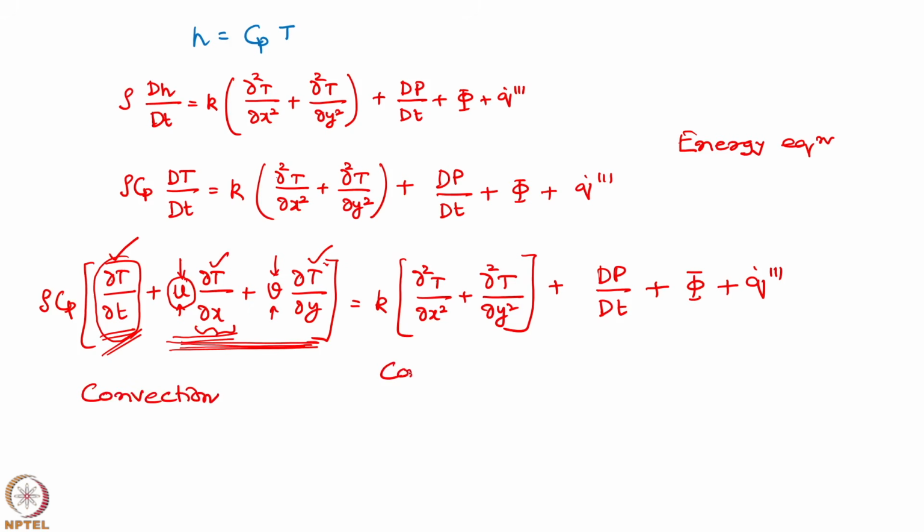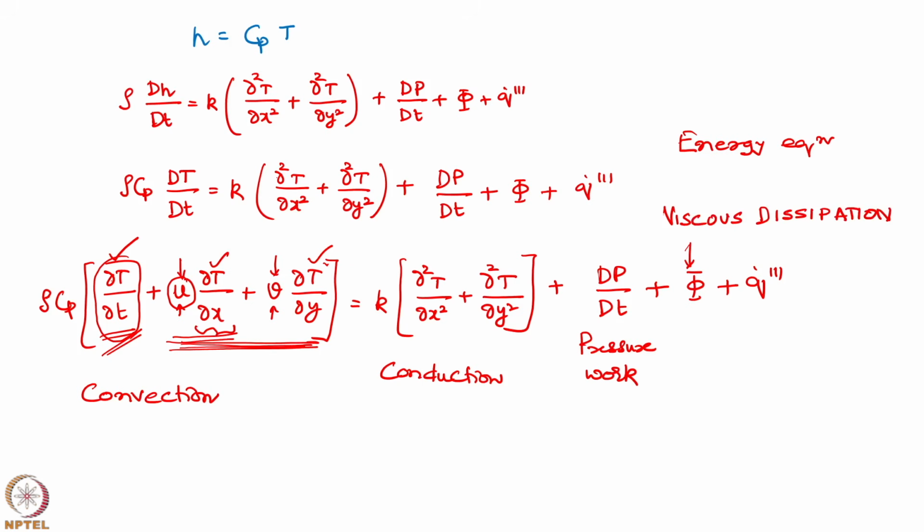this is heat transfer by conduction, and this is pressure work, and this is viscous dissipation. You can see that it is all because of the velocity gradients and the viscosity. Just recall, this is the viscous dissipation term.